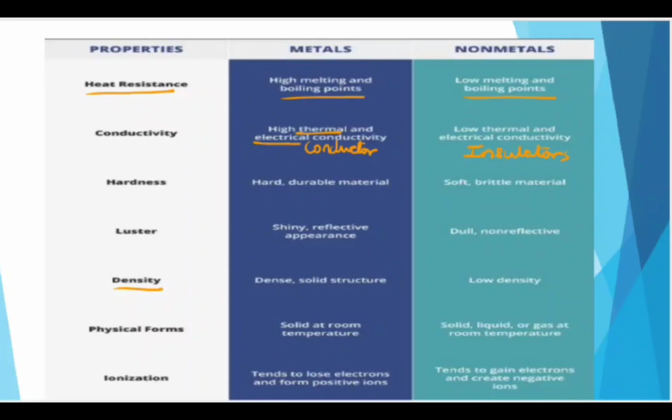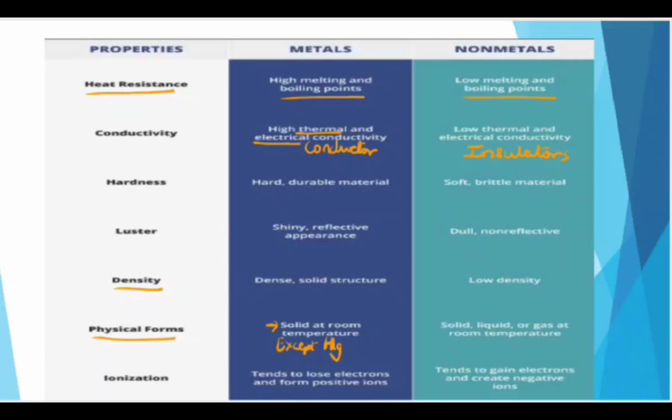Whereas non-metals have low density, not too many particles in a unit area. Coming to physical form, metals are solid at room temperature except mercury, chemical symbol Hg.